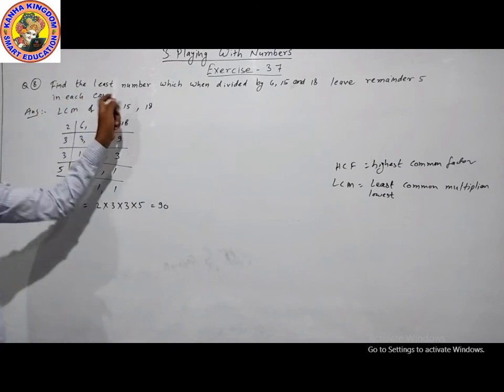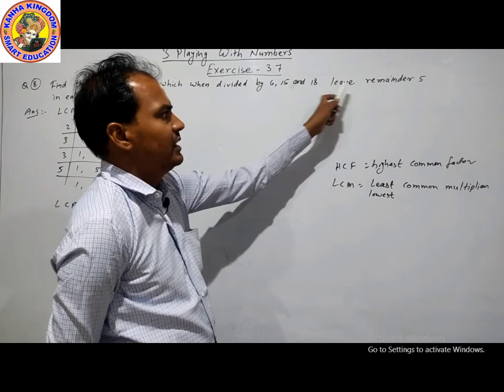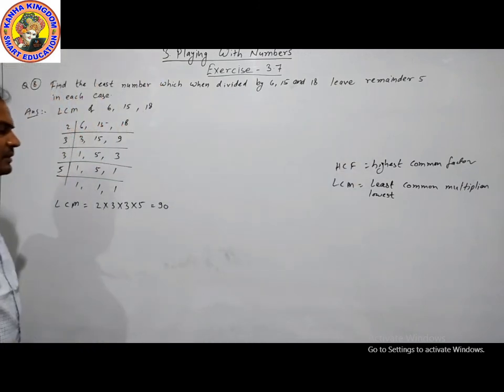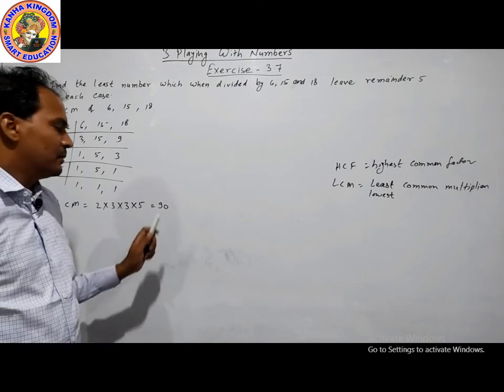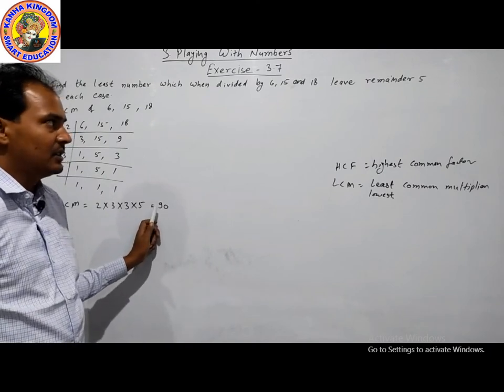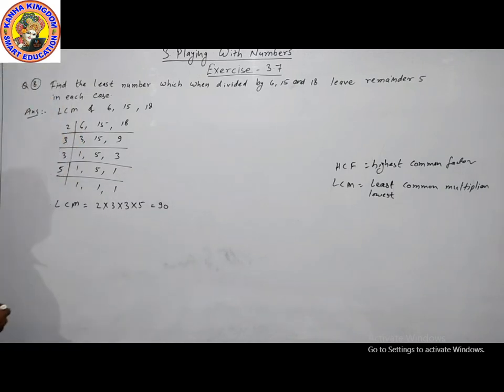Now find the number which when divided by 6, 15, 18 leaves remainder 5. 90 can be exactly divided by these, but for 95 the remainder should be 5. So the number is 95.